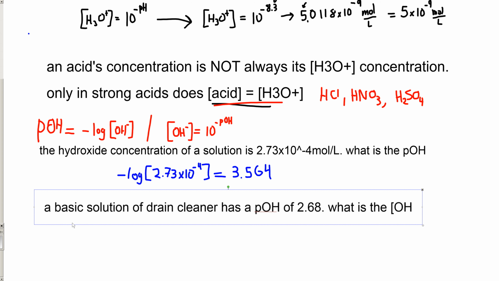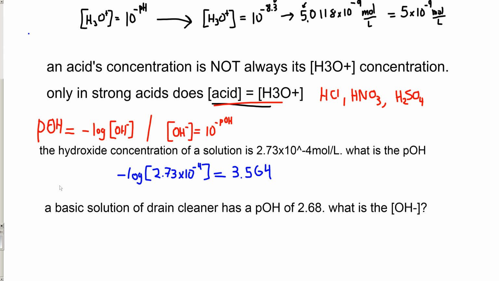What is the OH amount? So same idea. We're going to go 10 to the power of negative pOH, 2.68. That's our OH concentration. So we plug and we chug, so 10 to the power of negative 2.68.